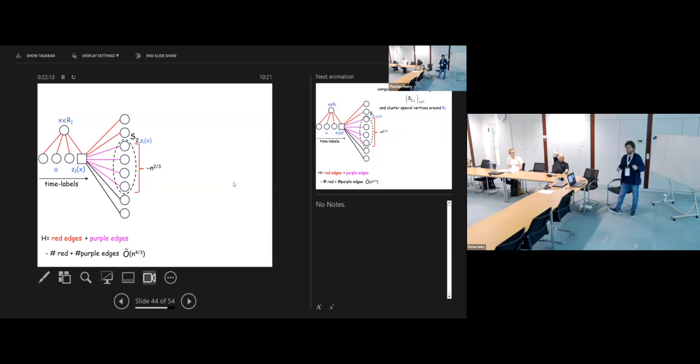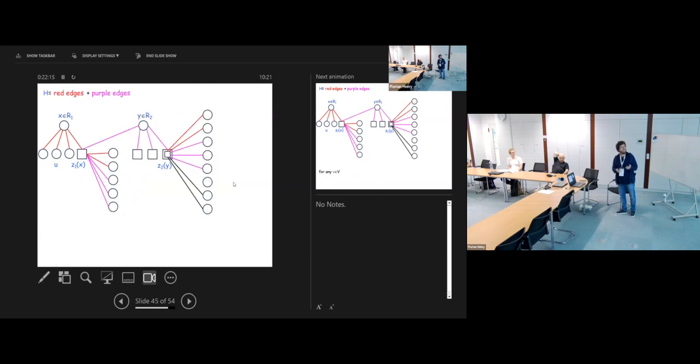And now when you look at the entire situation, essentially you have this situation here. If you look at the vertex U, this U belongs to some cluster of the first level with center X and special vertex Z. Now Z belongs to a second level cluster with center Y, which is an element of the second hitting set.